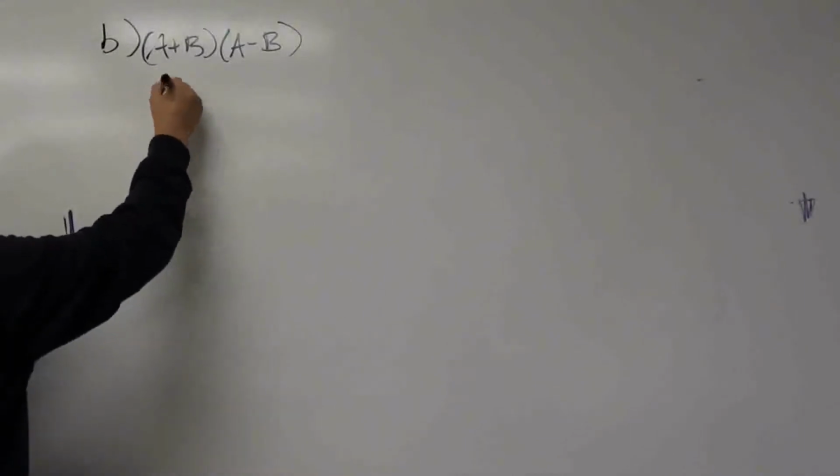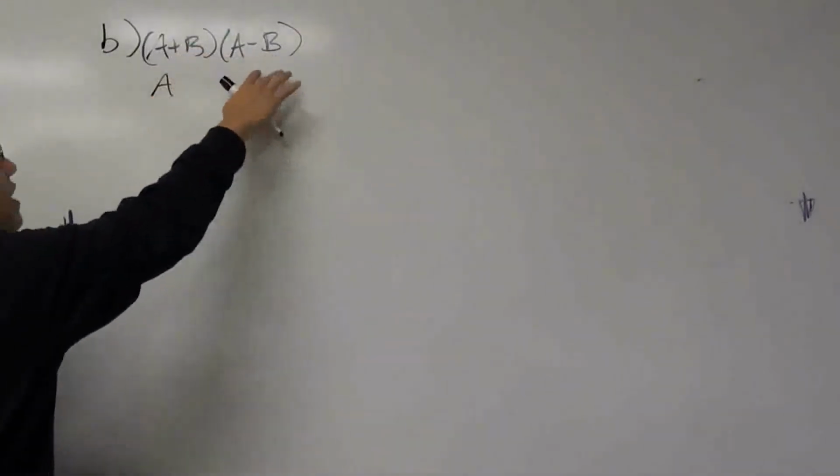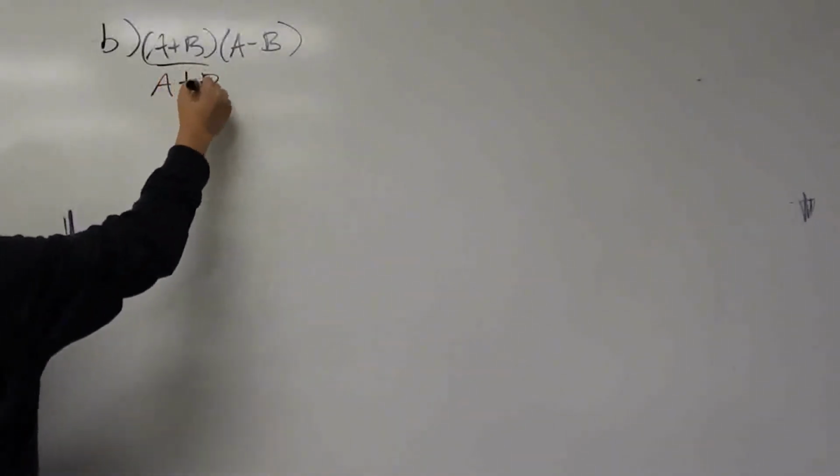It's really simple. Let A and B, and you could choose either one, it really doesn't matter. I'm going to choose this one: let A plus B equal C. Why not? If A and B are allowed to be added, then there shouldn't be that many restrictions.